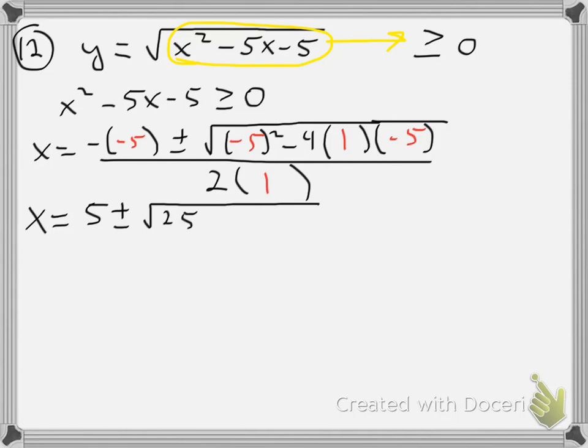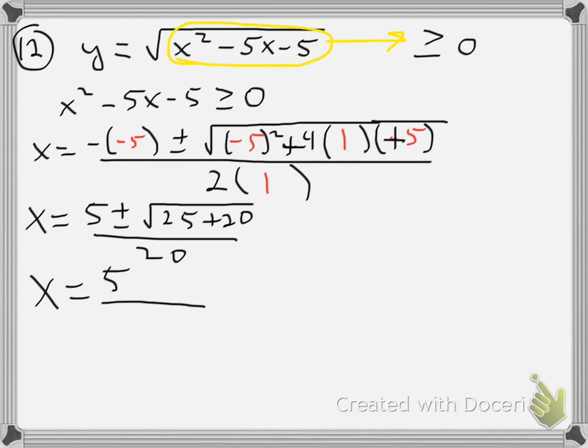Now a negative times a negative is a positive, so I get plus 20, all over 2. Well, 20 plus 25 is 45. So it's not a 20 down here, it's supposed to be a 2. Okay, 5 plus or minus the square root of 45.